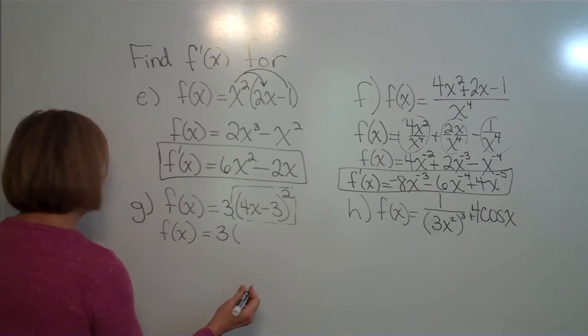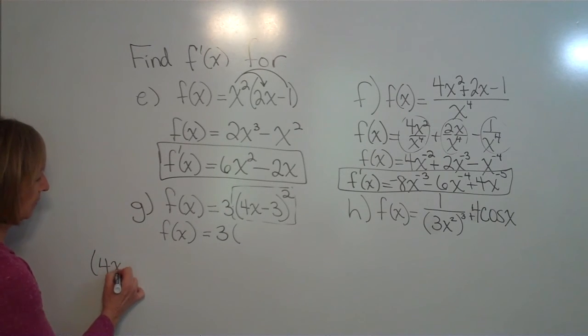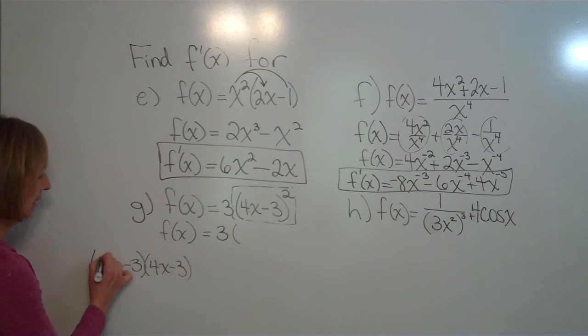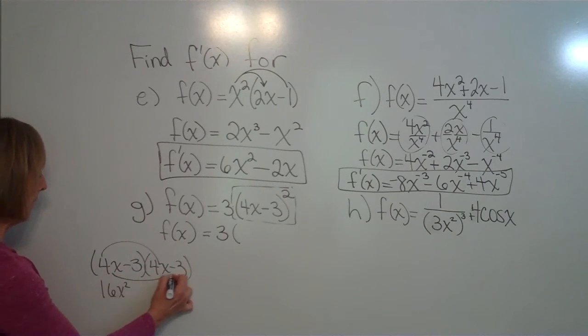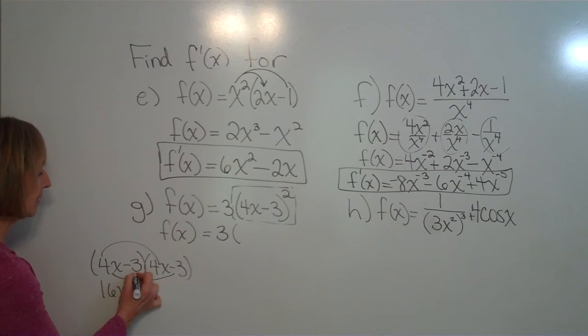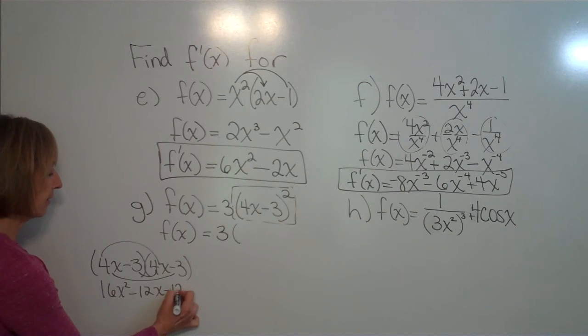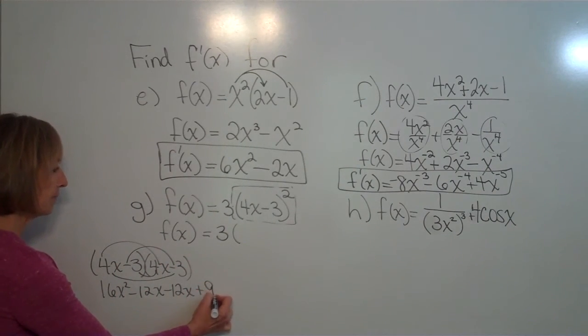Now if you go through and multiply that out, the 4x minus 3 times 4x minus 3 is 16x squared minus 12x minus 12x, and then negative times negative is a plus 9.